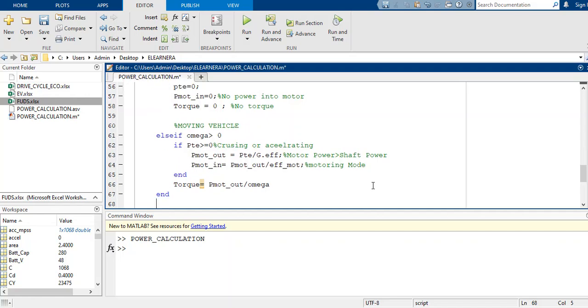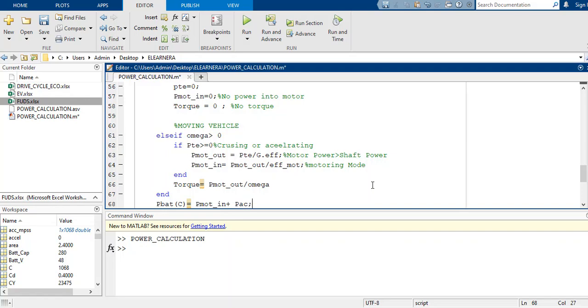Then we will find the power of the battery. For the power of the battery, in matrix form, it is equal to P motor in, meaning the output of the motor, plus the accessories power.